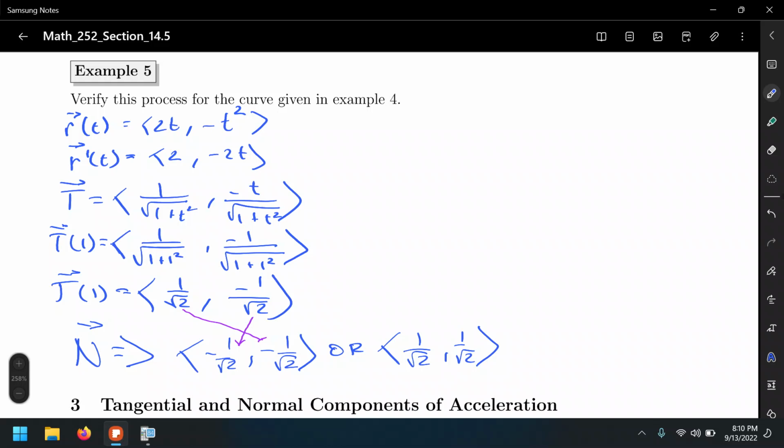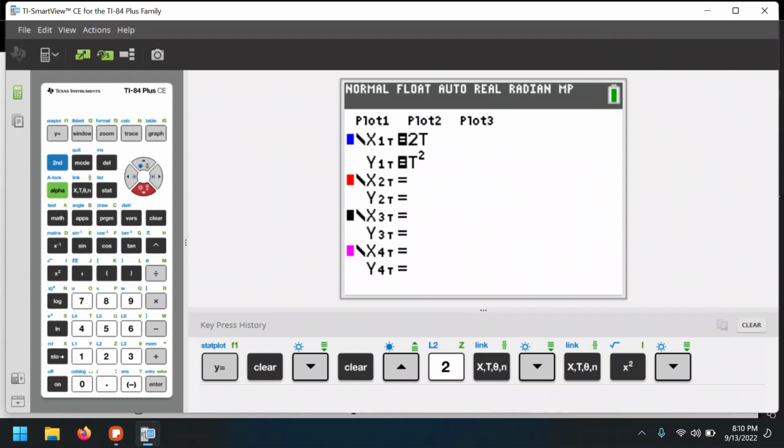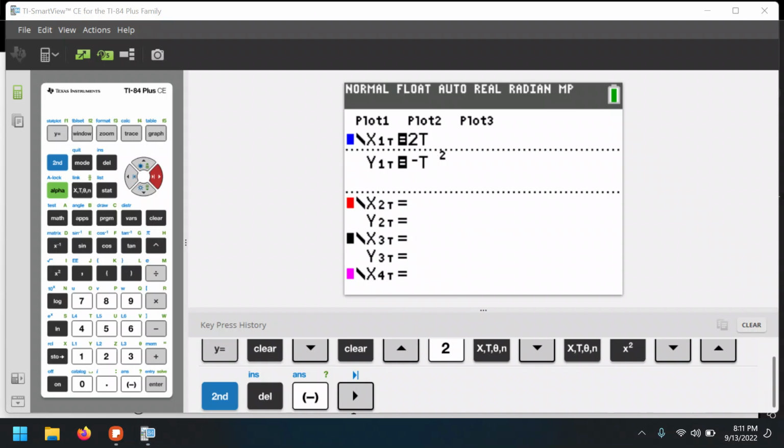And to verify this, let's go to our graphing calculator in parametric mode. Okay, so we are in parametric mode right here, 2t and negative t squared. When graphing this parametric function, make sure not to blink, because you may miss the direction in which this graph is being drawn.